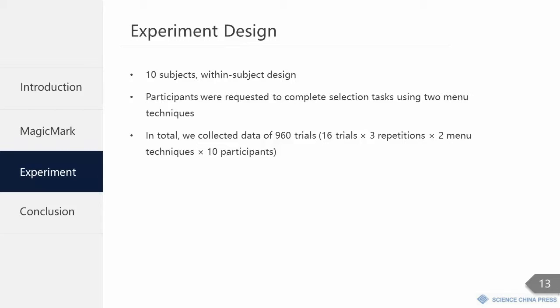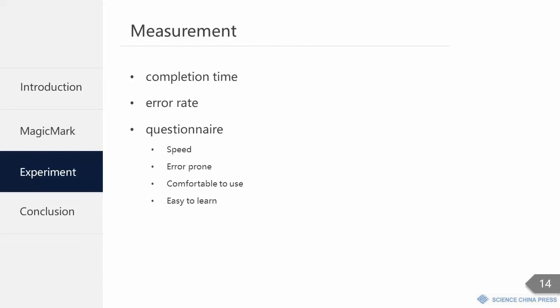In total, we collected data of 960 trials: 16 trials times 3 repetitions times 2 menu techniques times 10 participants. User performances were measured by task completion time and error rate.